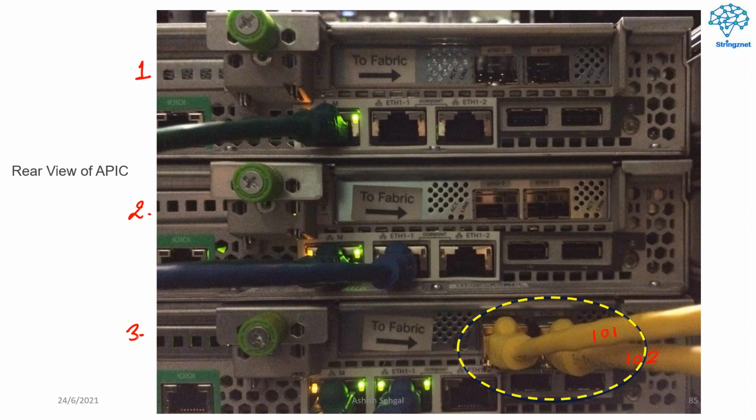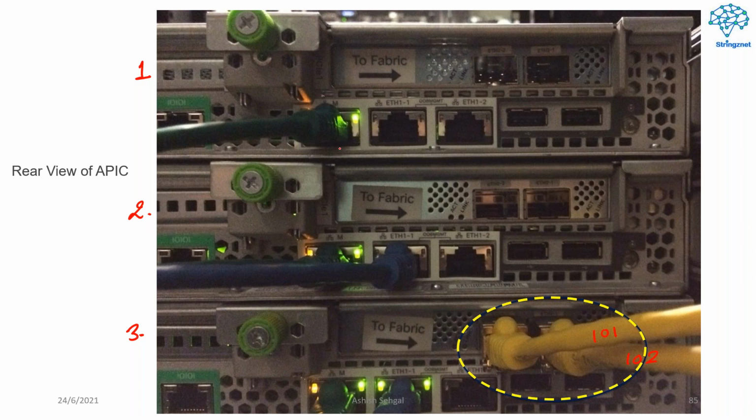So these 3 controllers are for the purpose of providing redundancy, and they are going to form a cluster. Remember, they do not form the cluster immediately once they get powered on. They can form the cluster only if the complete fabric is provisioned. There is a sequence, and yes, we are going to do it in our lab.